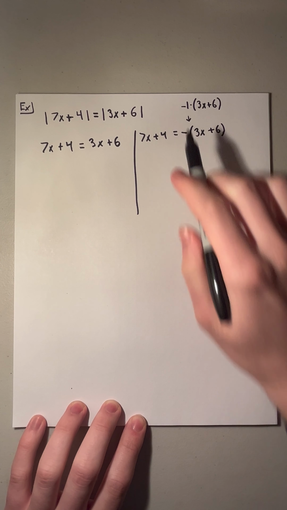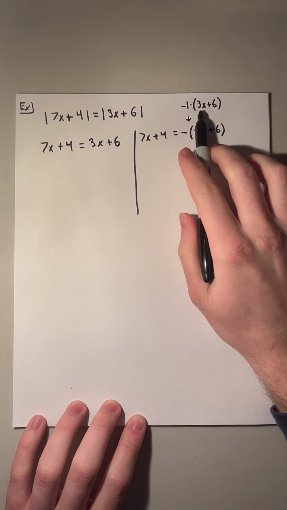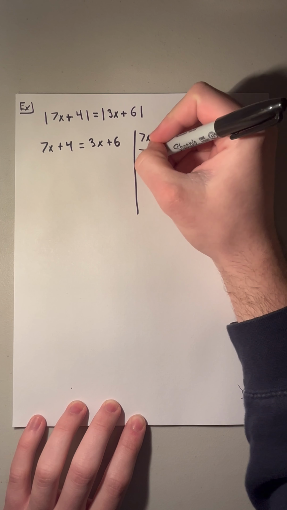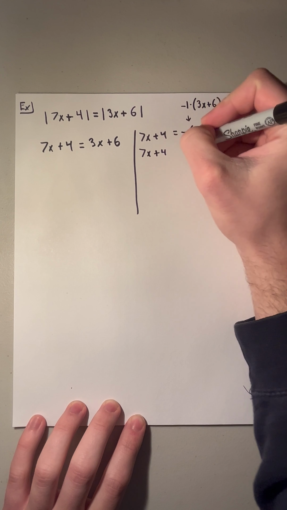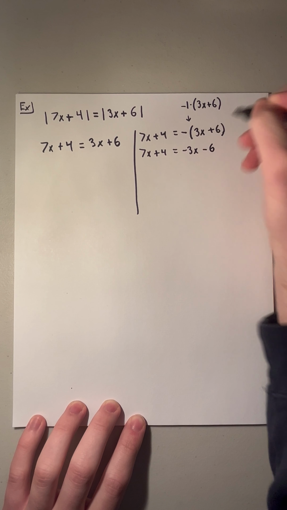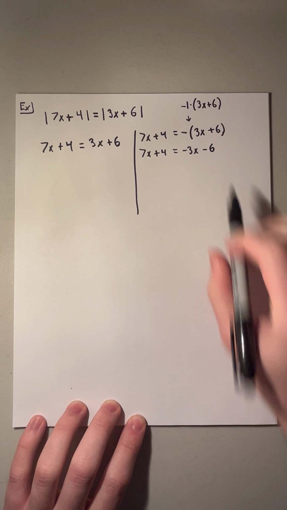And so that just means you're going to multiply -1 by 3x and then multiply -1 by 6. And so this turns into 7x plus 4 equals -3x minus 6. Again, distributing that negative to both terms.